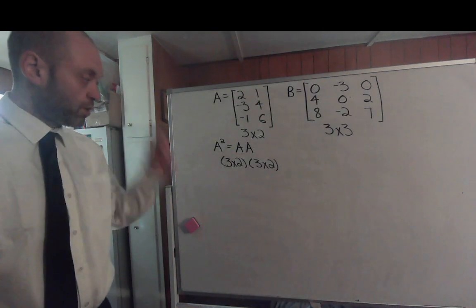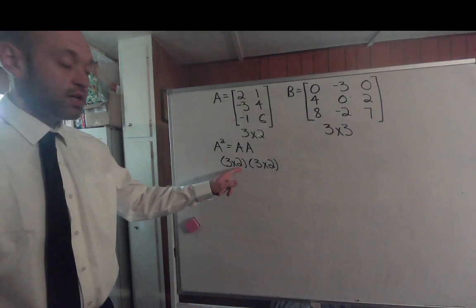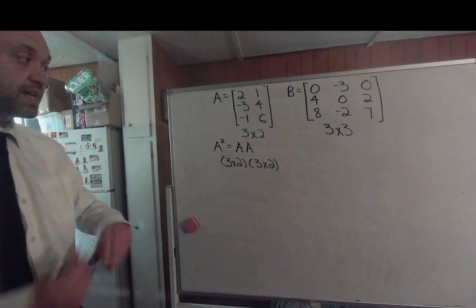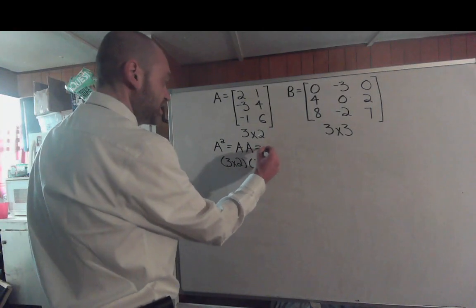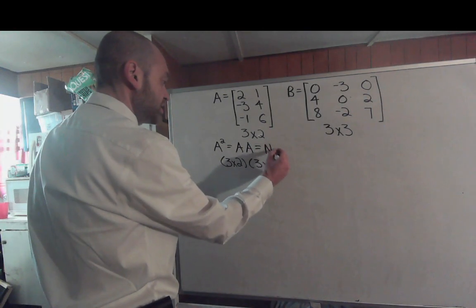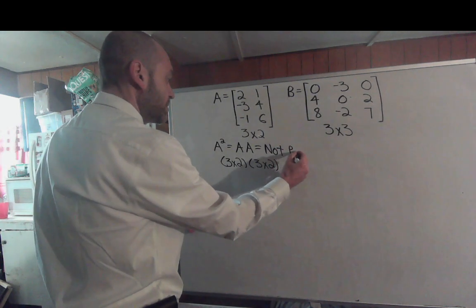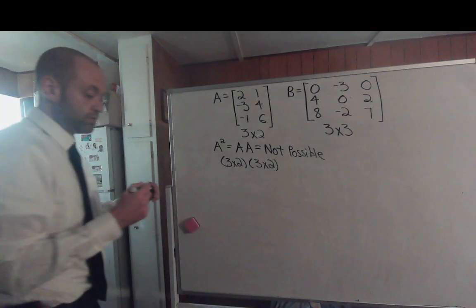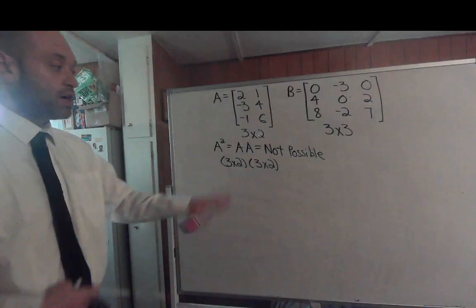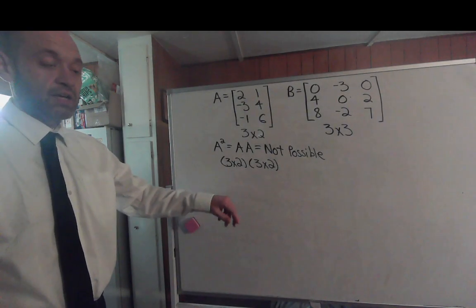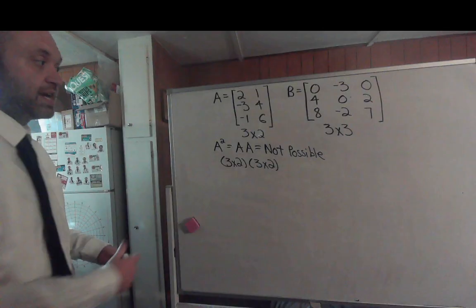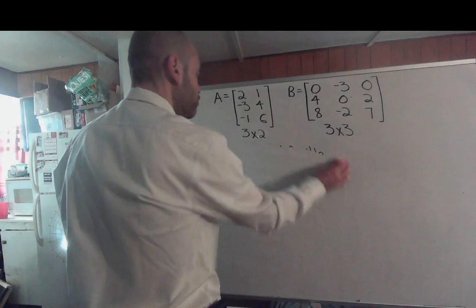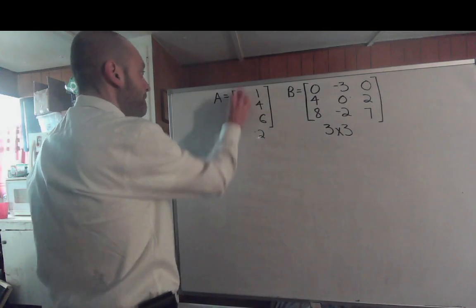The number of columns in the first A is not equal to the number of rows in the second A. So in this case, it's not possible to do A squared. That actually is not going to be possible, because the number of columns in the first A does not equal the number of rows in the second A. So paying attention to the order of matrices is incredibly important.